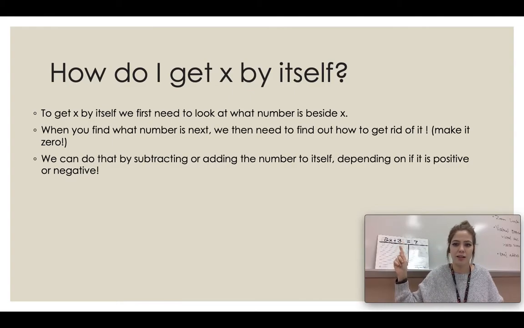This is the one that we need to deal with first. This one's going to be a little bit tricky, so we'll save it for last. Right here in this case, we've got a positive 3. If we have a positive 3 and we want 0, how many do we need to take away? Very good, 3. If we have positive 3 and we take away 3, we're left with 0. So that's what we're going to do first.